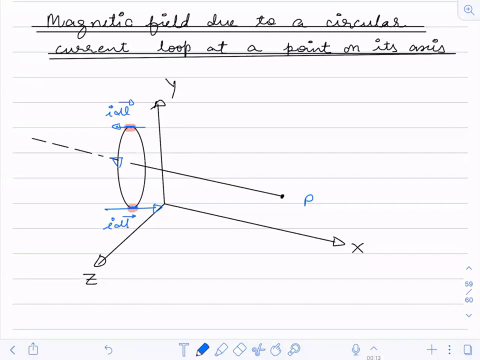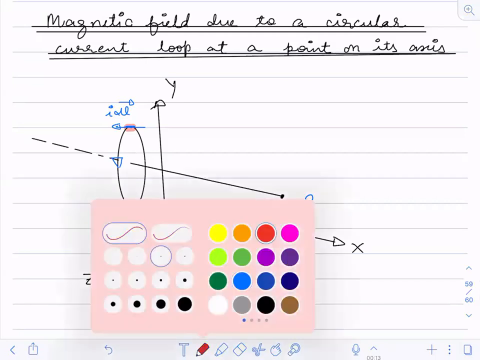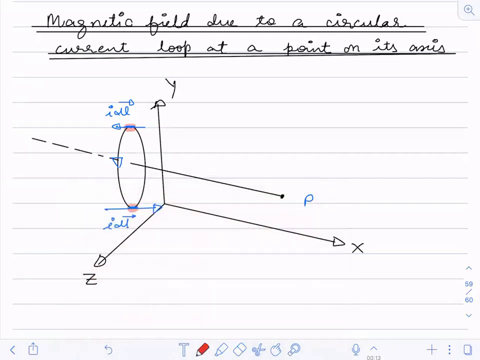Is it okay? Understood? At what point do we have to calculate? At point P. So what is the first thing you have to do? You have to find the perpendicular distance between the current element and the point, as well as the position vector.